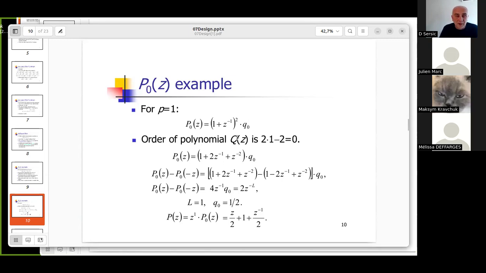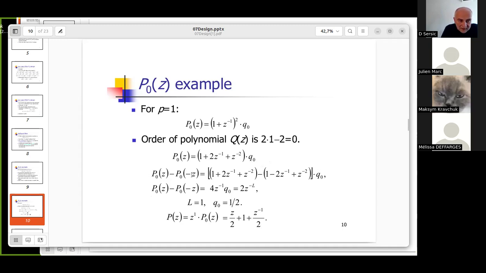So our polynomial Q is of order 0 in that case. A zero order polynomial is a simple constant. Which constant? Okay, let's check it out.